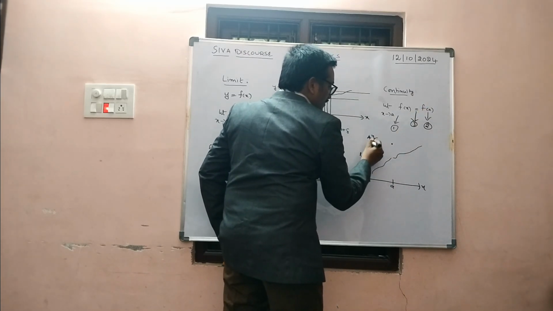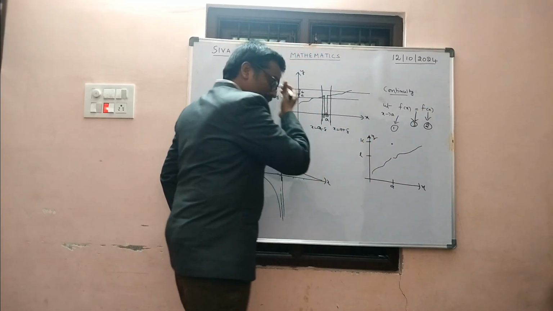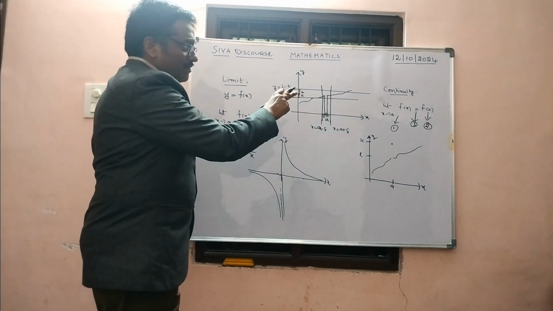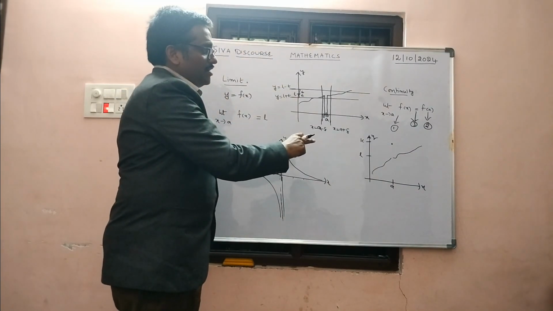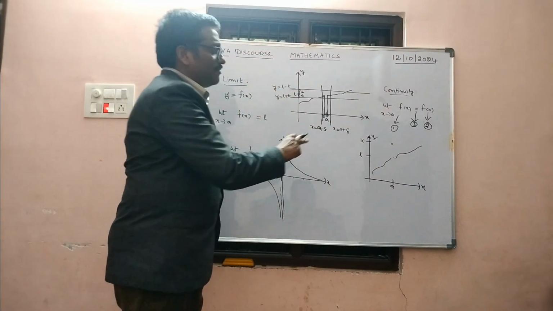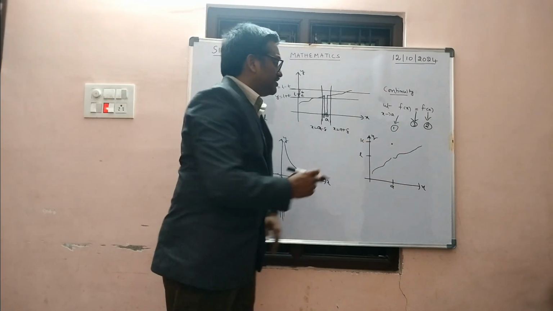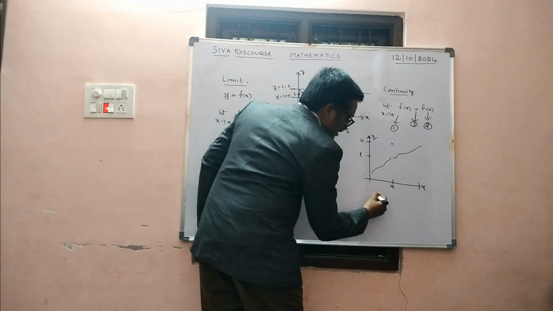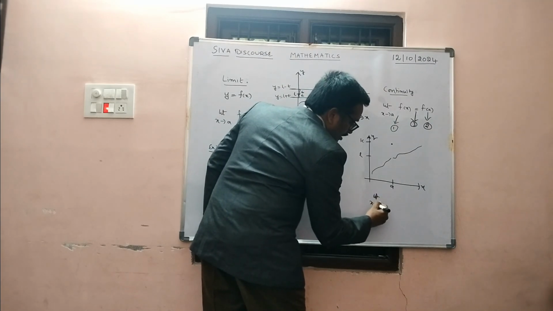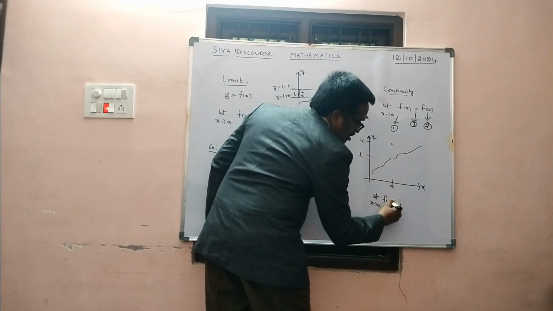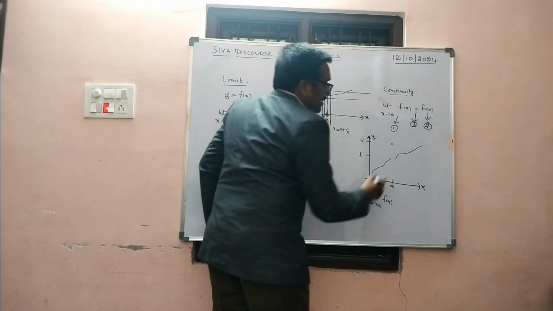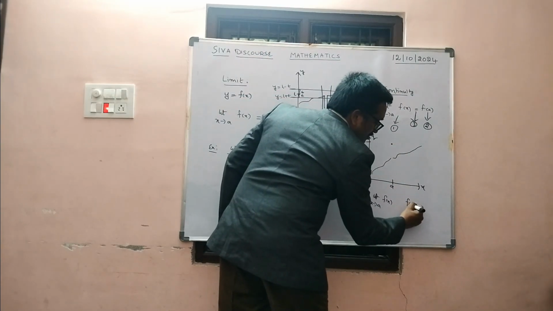If f of a is different, for example some value k, then the function has the limit at x equal to a, and the function attains a value k, but the function is not continuous. This is the case where the limit as x tends to a, f of x exists and f of a exists, both exist.